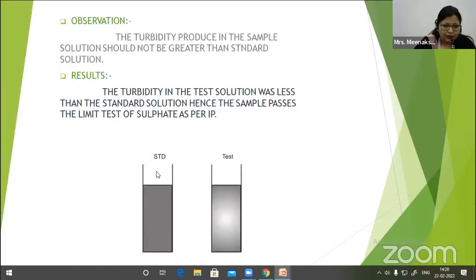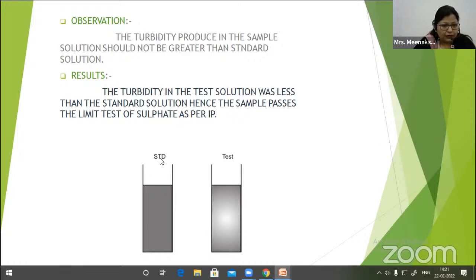This looks like the representation of what we have made, the standard and the test. This is carried out in the Nestle cylinder, with a comparison method, where we compare our sample with the standard and see how much turbidity is present in the test against the standard.